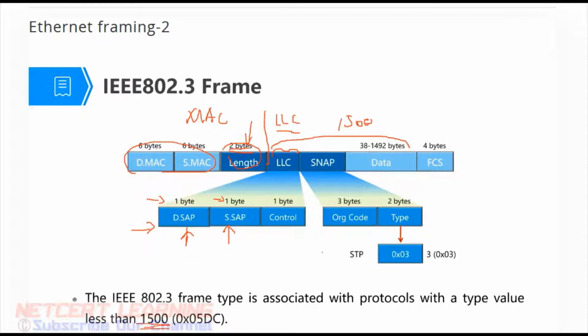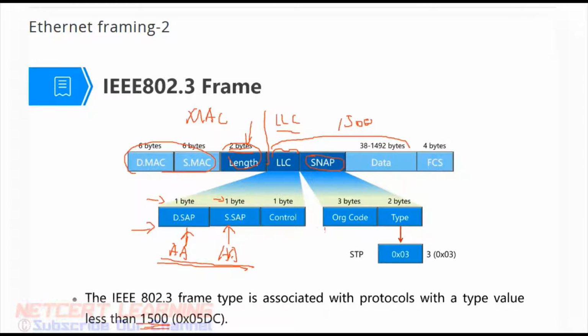So there's another format we call SNAP. In this SNAP, the DSAP and SSAP are both AA. That means if DSAP and SSAP are both AA, then we use the format of SNAP.